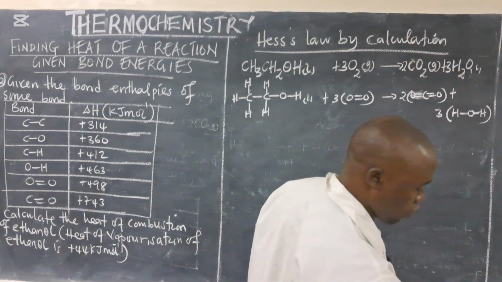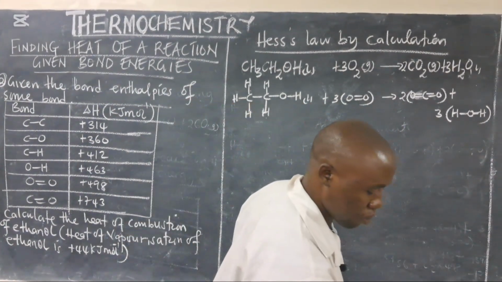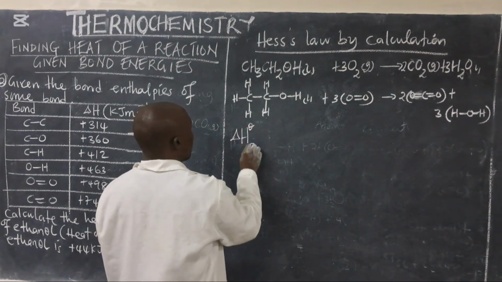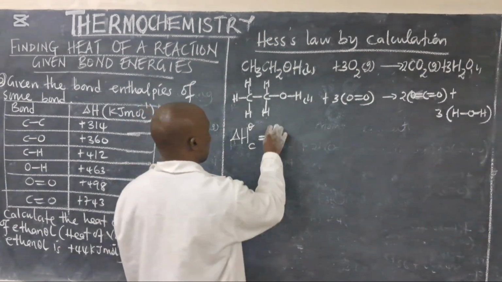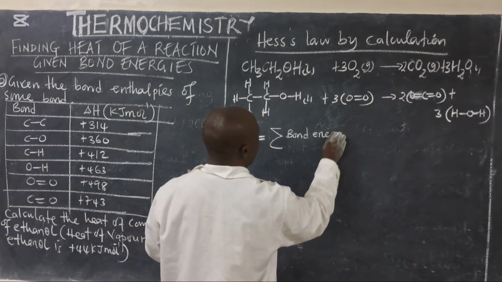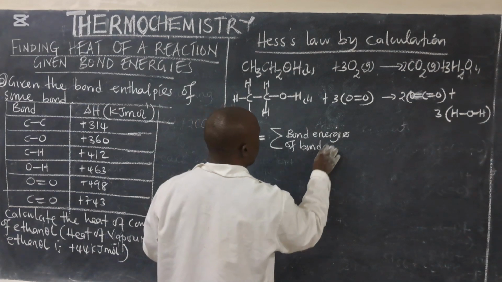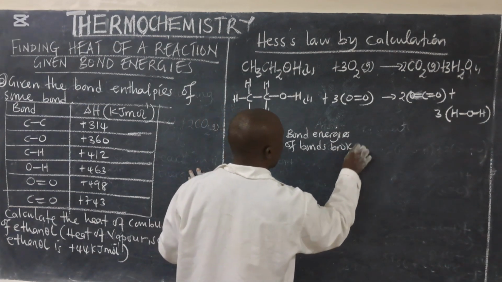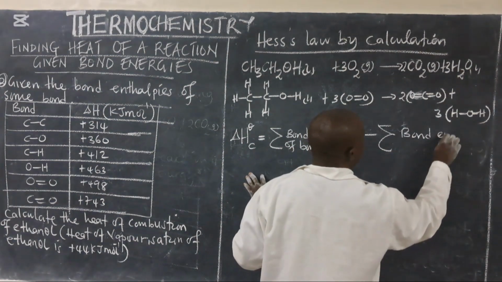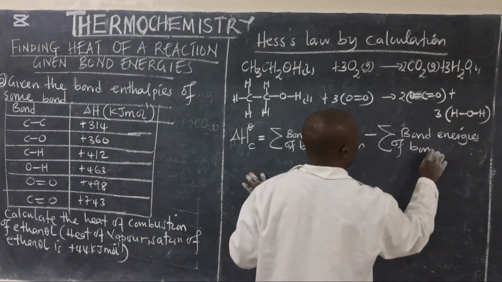Now let's look at the bond enthalpies. So the heat of combustion of this reaction will be the sum of bond energies of bonds broken minus the sum of bond energies of bonds formed.